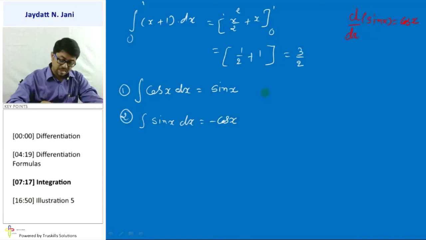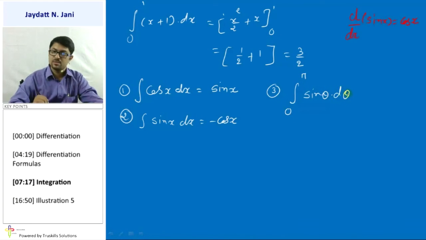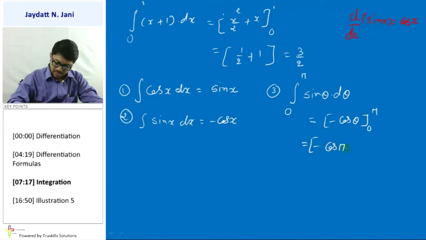How can you use limits here? For example, integration from 0 to pi of sin theta d theta. Integration of sin theta is minus cos theta. Now again, place upper limit minus lower limit. So minus cos pi minus cos 0.